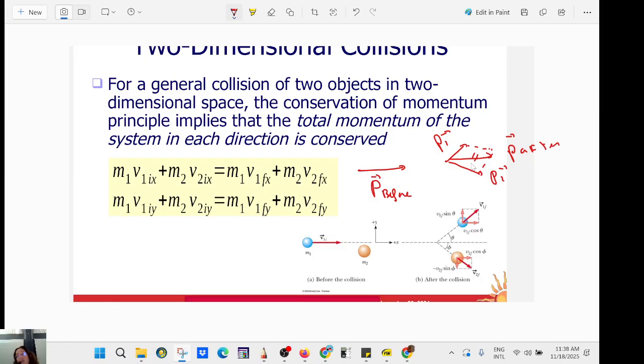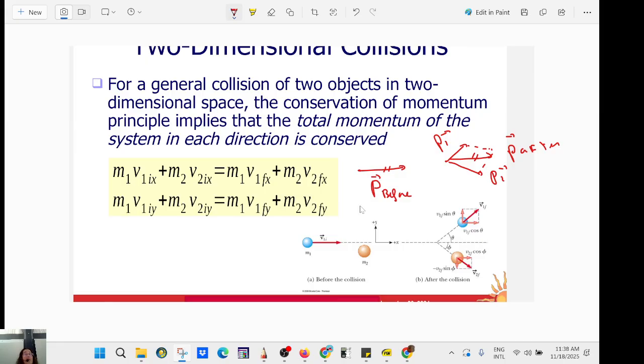The total momentum before has to equal the total momentum after, but you need to add vectors, so you can add the components. The total x component before equals the total x component after, and the y component before equals the y component after.